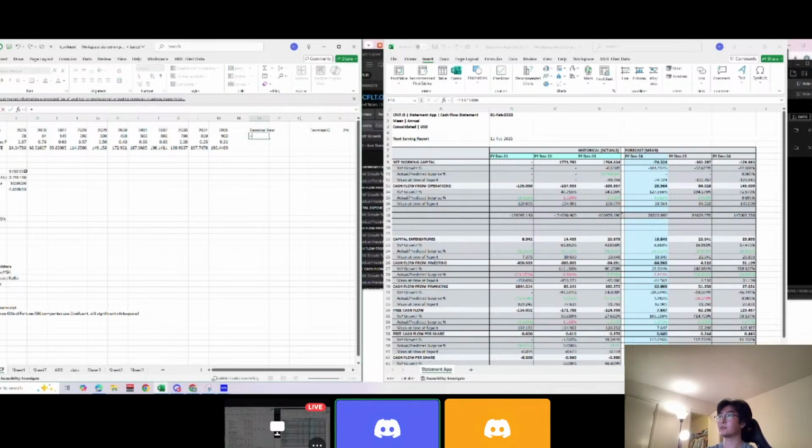So terminal year is equal to plus 2% divided by 10 minus the cost of equity here.